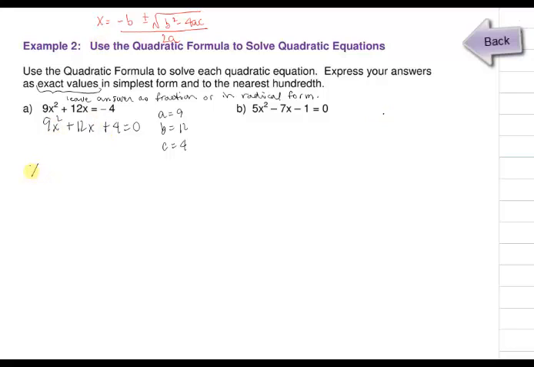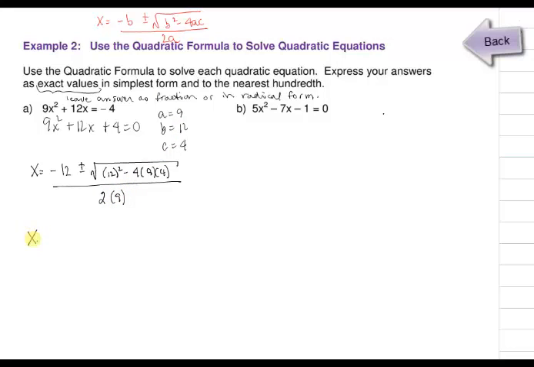We're solving for x, so x is equal to negative b, which is negative 12, plus and minus, and then inside the bracket b squared, so 12 squared, minus 4 times a, which is 9, times c, which is 4, all over 2 times a, which is 2 times 9.